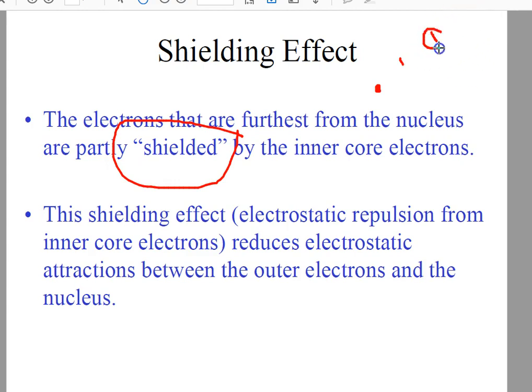This negative electron way out here cannot feel the force of the nucleus as well because it's got this other electron in the way. And what do negatives do? They repel. So this negative is repelling that negative while this positive nucleus is trying to attract it in. So you kind of have competing forces. This, what we call the shielding effect, reduces the attraction between this outermost electron and the nucleus.